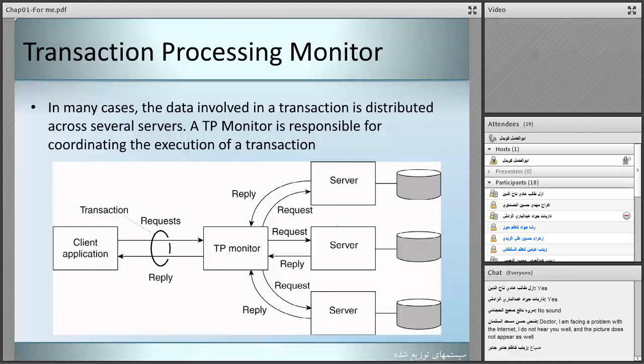In this situation, we need a TP monitor. As you can see, TP monitor. This TP monitor is responsible for handling these types of complex transactions.